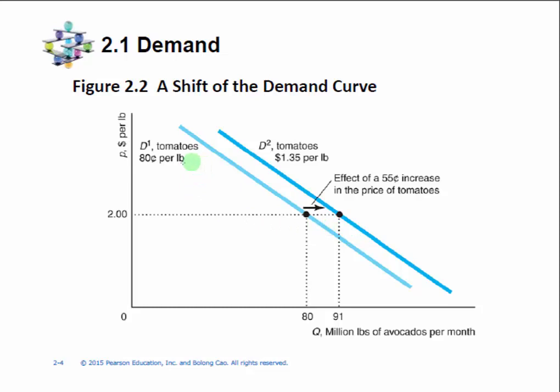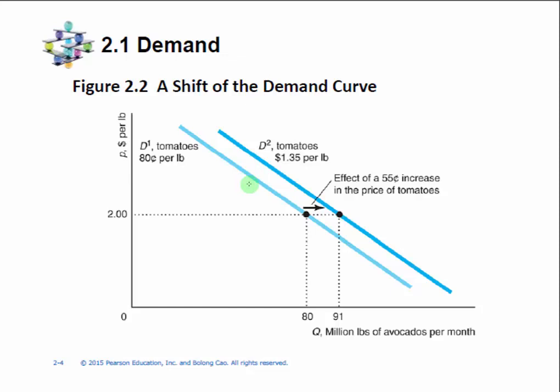Here, we are talking about the price of tomatoes going up, and because avocados are a substitute for tomatoes, tomatoes become more expensive. Consumers buy less of them, and they use avocados to substitute for tomatoes. So they demand more avocados. And when they demand more, the demand curve shifts to the right.